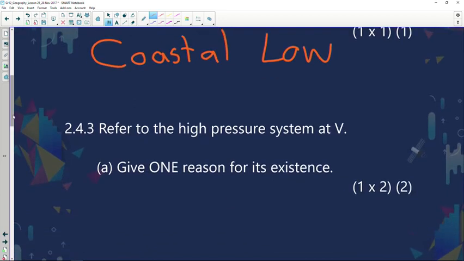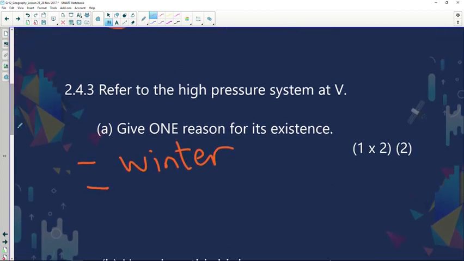Refer to the high pressure system at V. Give one reason for the existence of this high pressure system. Now, first of all, it's stable air. It happens during winter. It exists due to subsiding air.